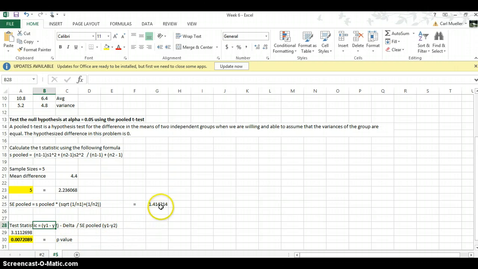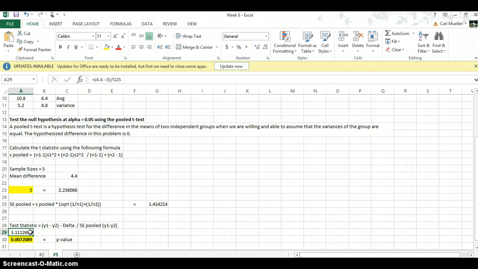Before that, we had to calculate the S pooled to complete this equation. So it's 4.4, the mean difference, minus 0, the hypothesized difference, divided by G25, our standard error pooled. And you get 3.11.